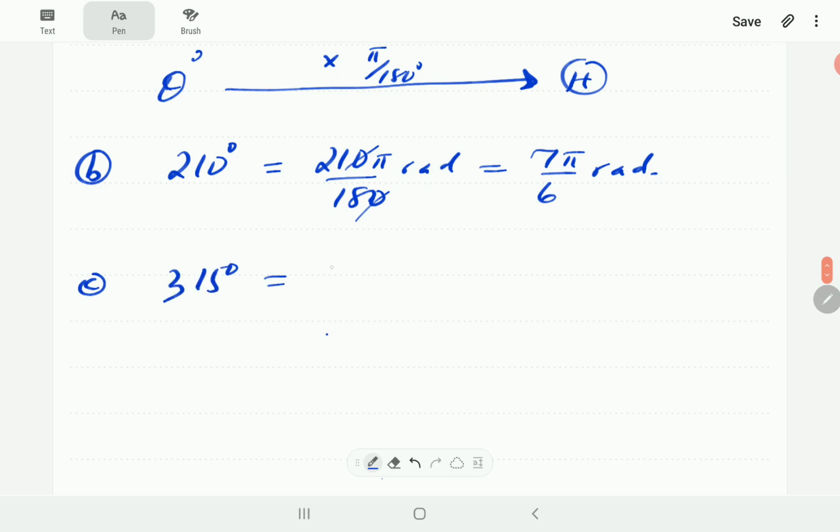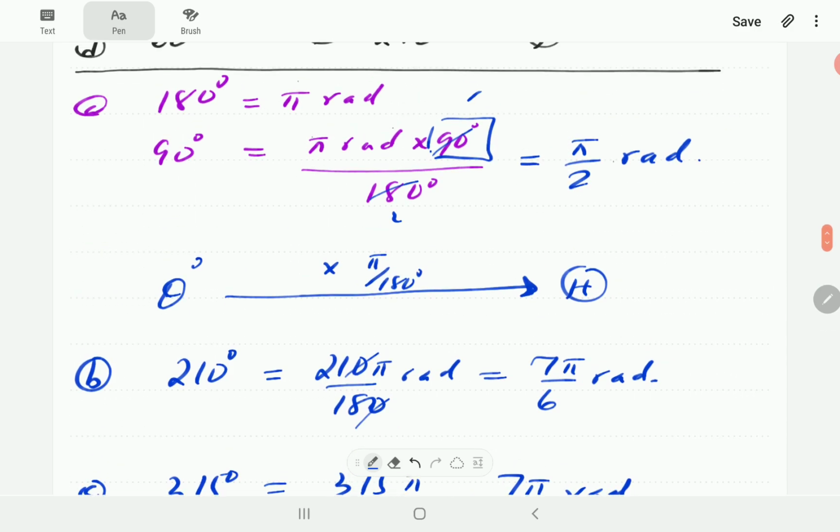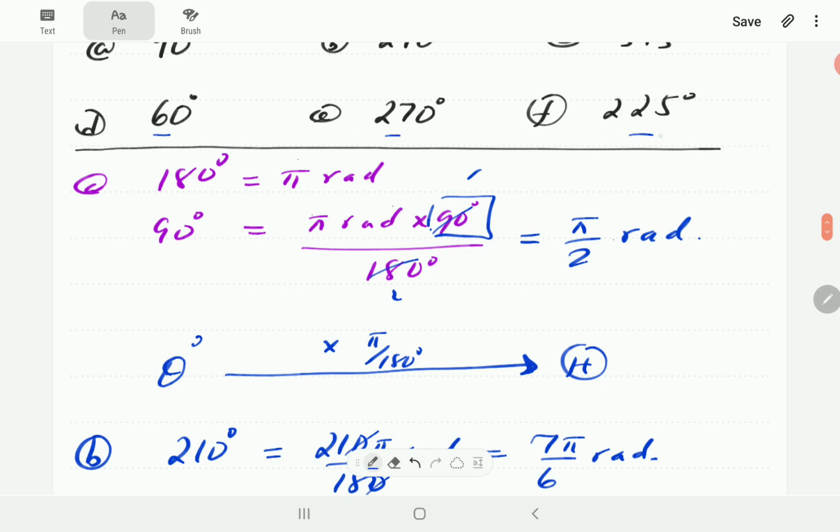So 315 degrees is going to be, we multiply by pi, we divide by 180. This time we know that 45 goes into 180. Does 45 go into 315? Yes, it does, 7 times, so it's going to be 7 over 4 radians. Just make sure that you can do these ones here. Pause the video for a moment and have a go, and then we will show you the answers in a moment.